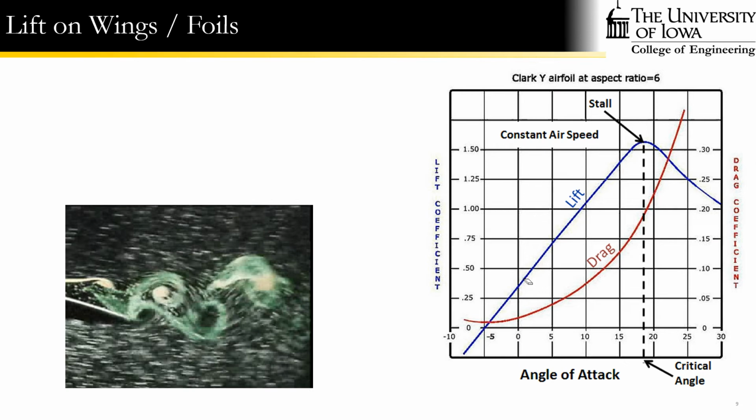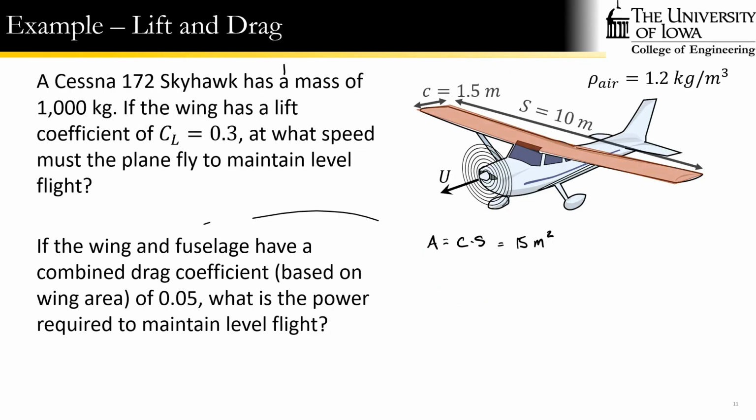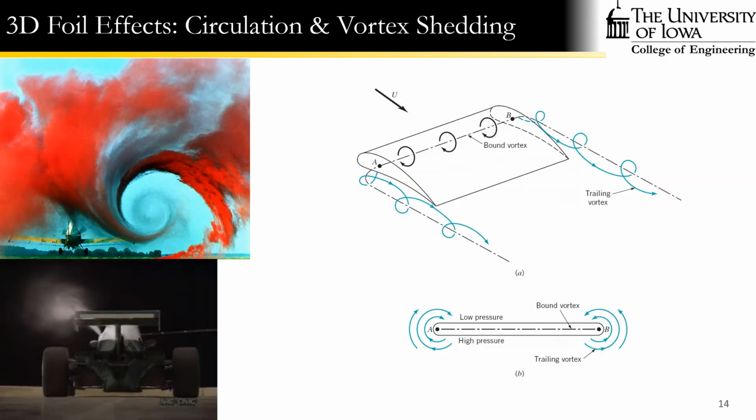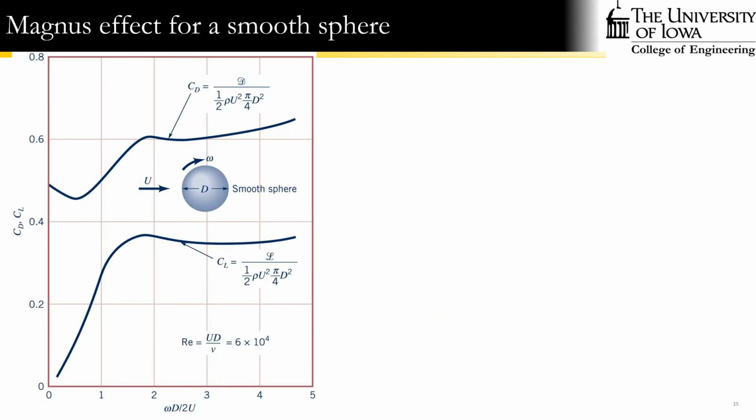All right. Last little thing to mention here is what's called the Magnus effect. Now, I mentioned this very briefly when we were discussing ideal flow or potential flow in that kind of survey lecture.